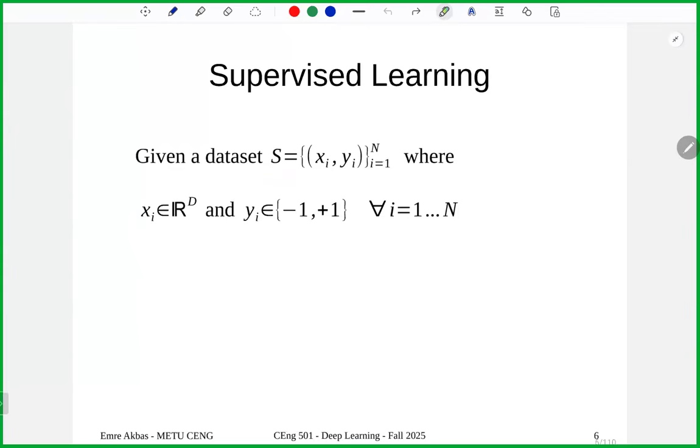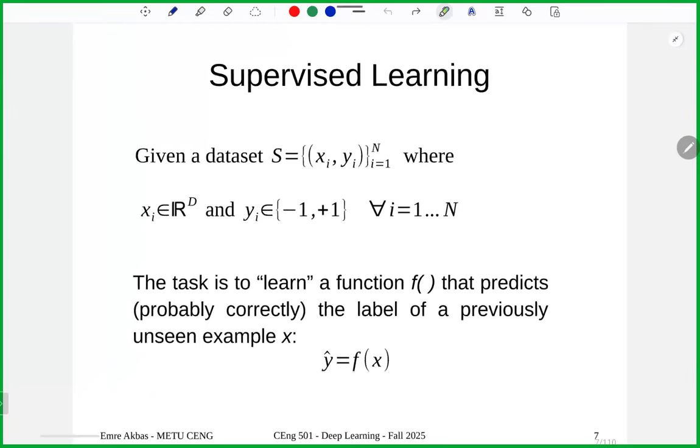It could be an image, a vector, a table, a sentence. And y is the label. Here, for simplicity, we will look at the binary case. So there will only be -1 and +1 classes. And we have n examples in our supervised data set.